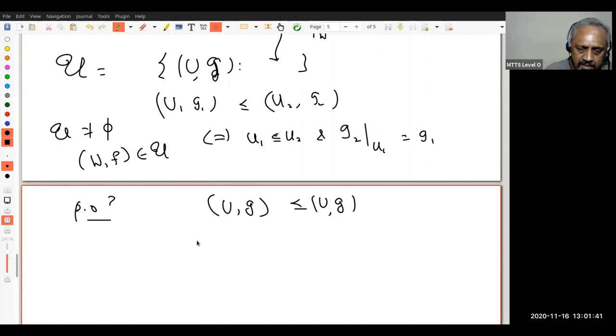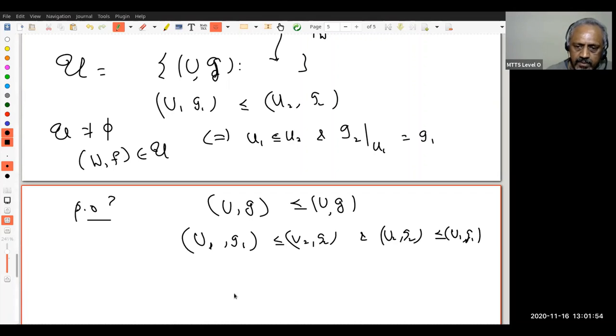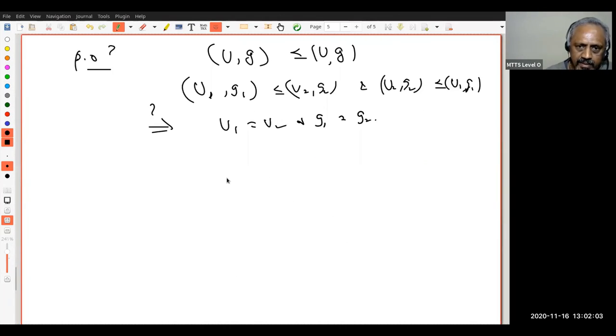Yeah, good. Next, you tell me (U1, G1) is less than or equal to (U2, G2) and (U2, G2) is less than or equal to (U1, G1). Then I want to know whether U1 equals U2 and G1 equals G2. But that is obvious. Why?